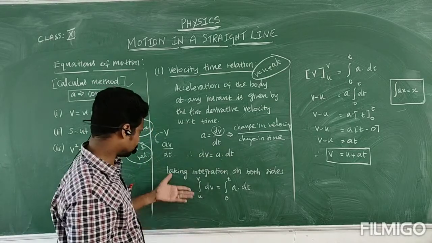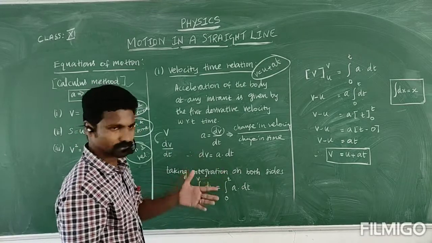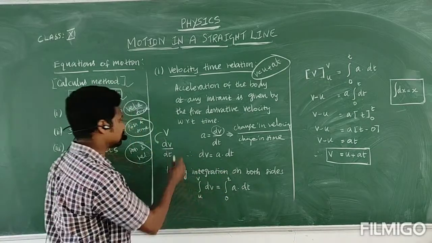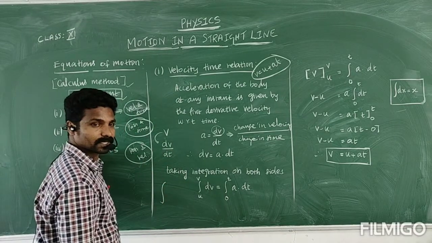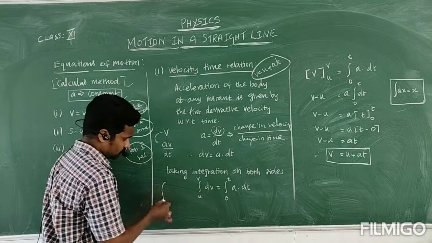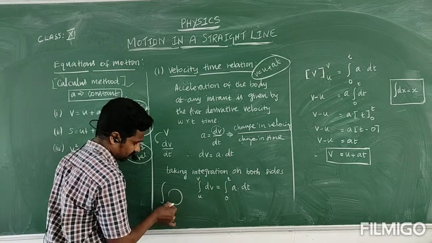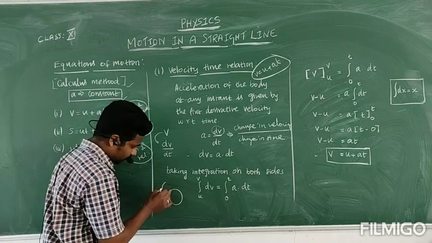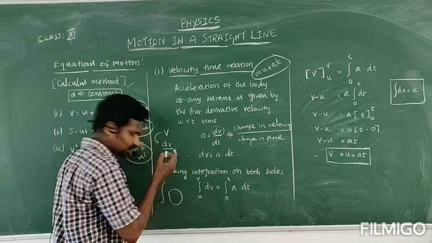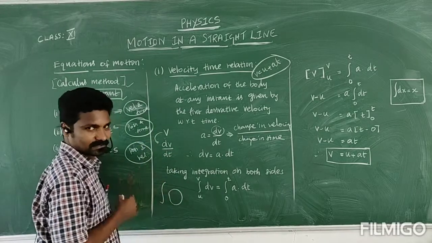Right. Now take integration on both sides of this equation. You know the integration symbol. Suppose, for example, one round is given and I want to calculate the total length of the round, that is the circumference of the circle.